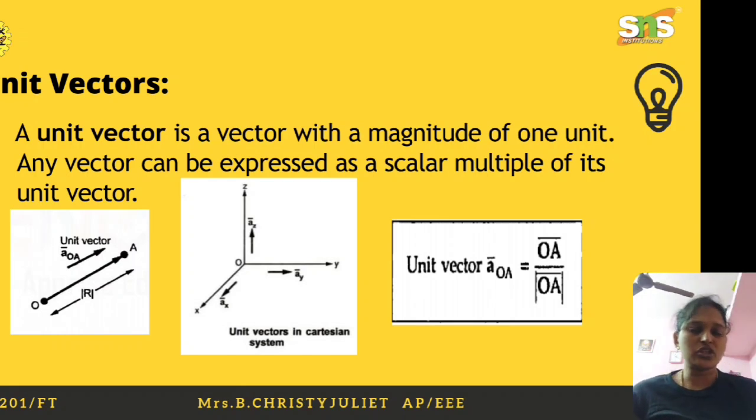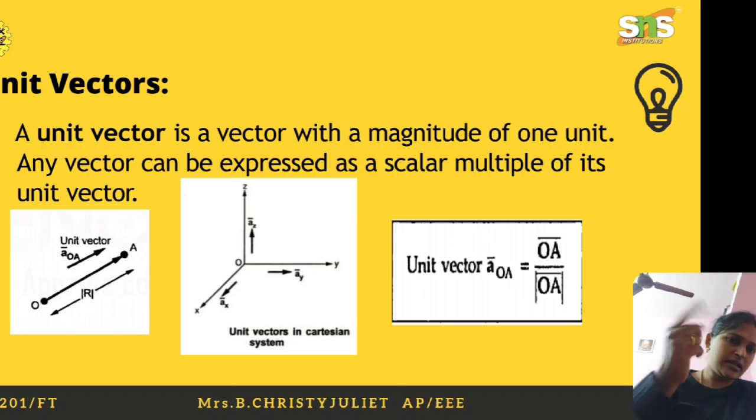If you look at the picture, you can easily understand how the unit vector will be. For example, in the given image you can see three coordinate axes named x, y, z, and the unit vector is represented by OA, that is, the vector from the origin point O to the point A, and since it is in direction A, it is given by A cap.